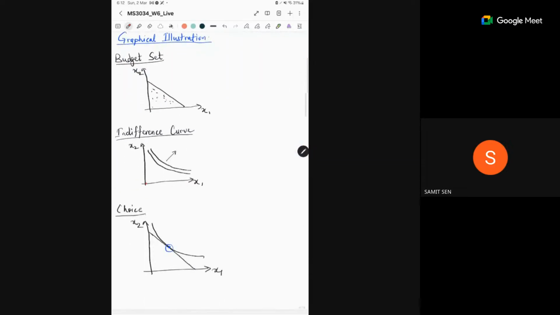So this was my budget set, this triangular shape, and these were my indifference curves. On this side, the more away from the origin they are, the more preferred they are.